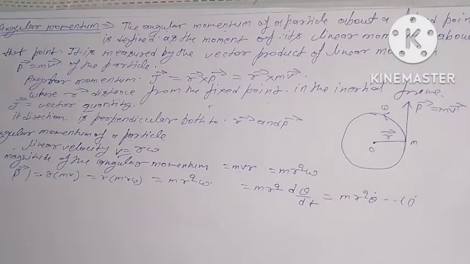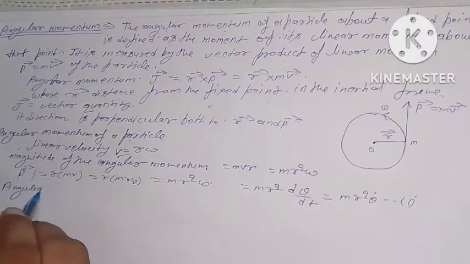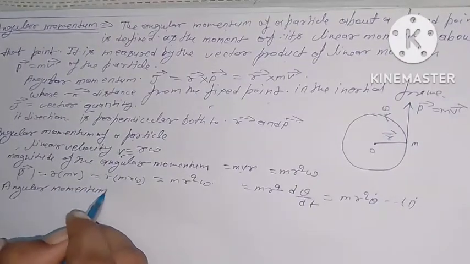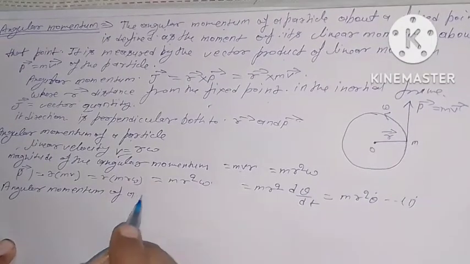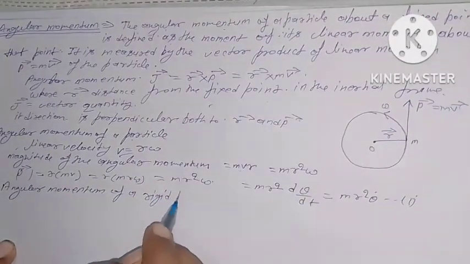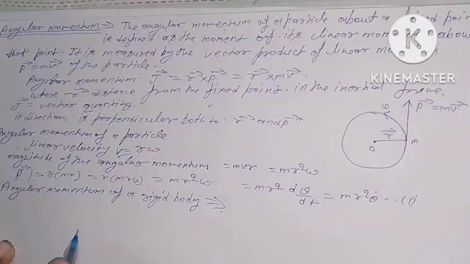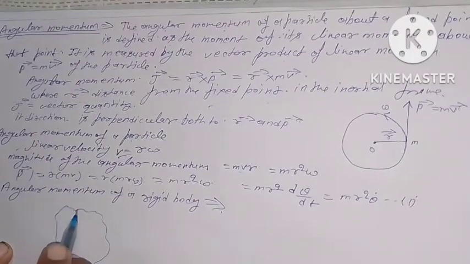Okay. Angular momentum of a rigid body. Next point. Angular momentum of a rigid body. This is a rigid body.